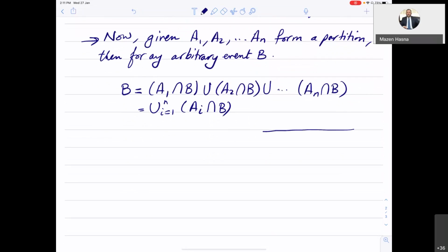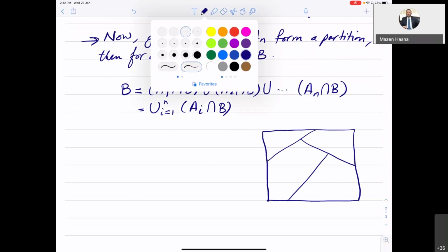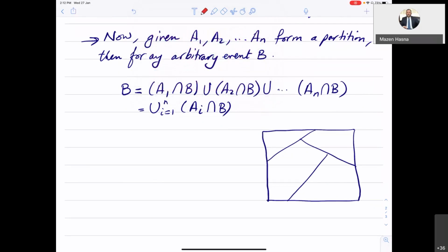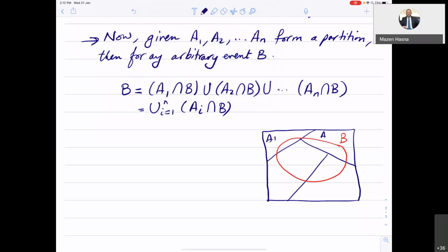Again, anytime you have problems understanding some events, just plot it using a Venn diagram. What I'm saying here is that if you have a partition for the sample space, something like this, and then you have an event B that's something like this. So this is B, and this is A1, this is A2, this is A3, and this is A4.